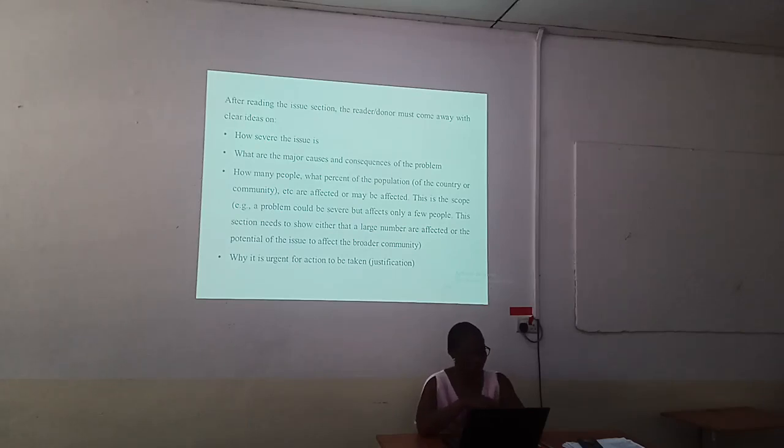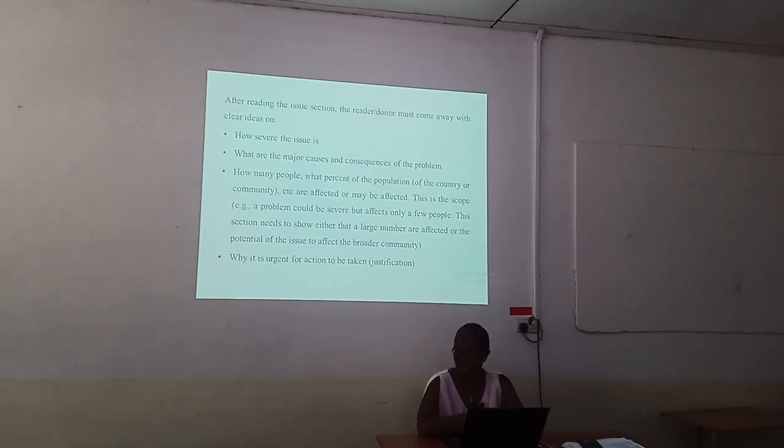How many people are affected? The percentage affected, because maybe it can just be 5%. And the donors will be like, so you just want to target 5%. But if it's a higher percentage, they will see the urgency or the need to act faster. So you need to say how many people, the percentage, and also why it is urgent for action.